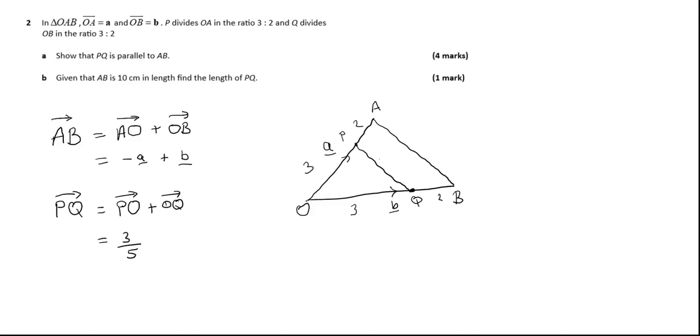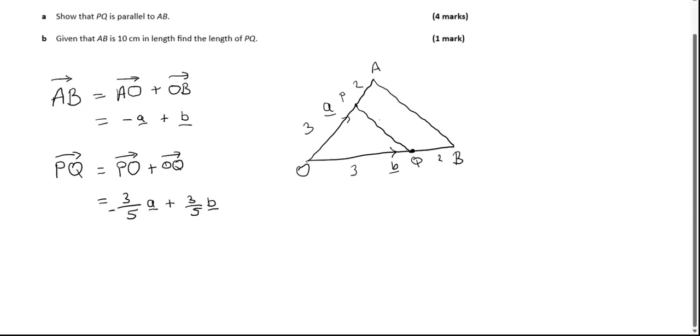And I'm going back from P to O, so that's going to be negative 3/5 a. And then from O to Q, again, that's the 3 out of 5 portion of O to B, and that was b. Okay, so we've got our A to B and our P to Q.